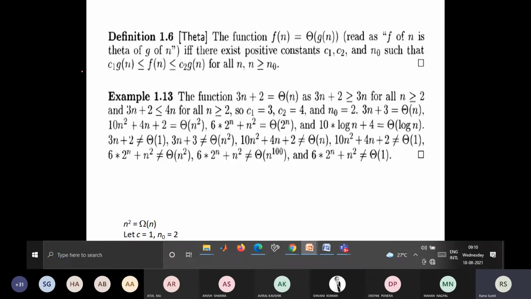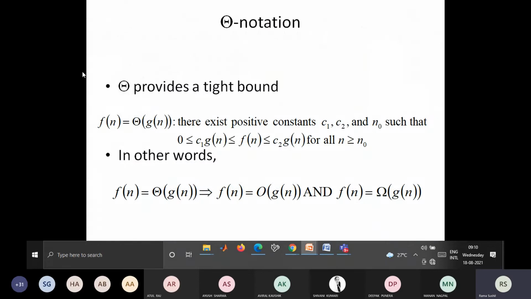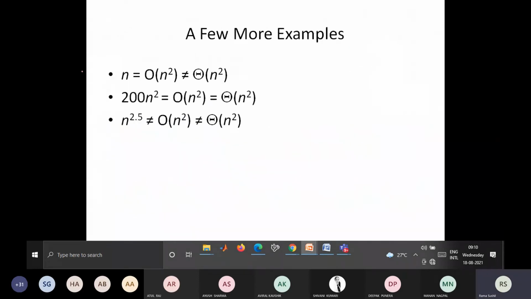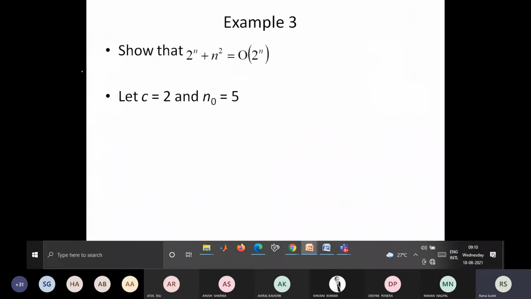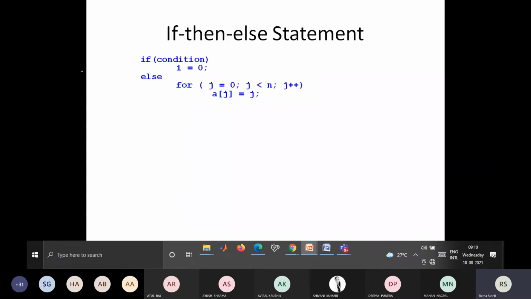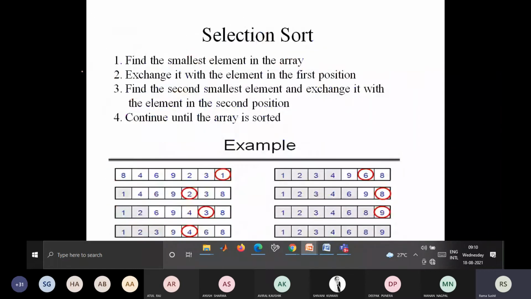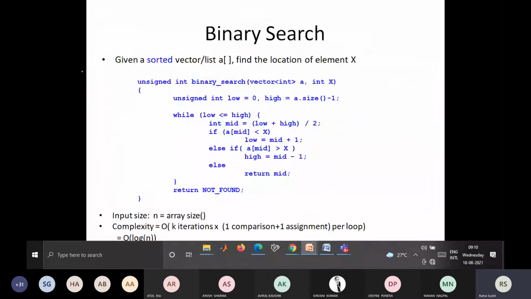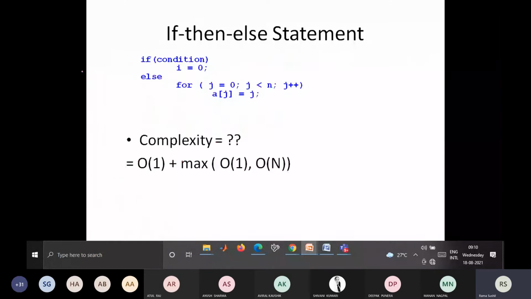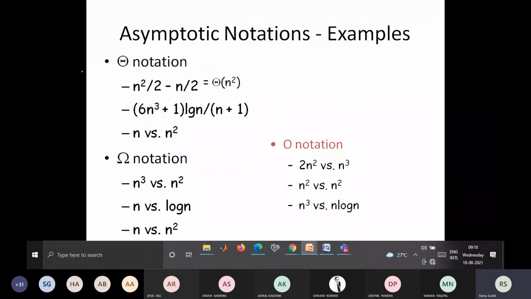Now, if you go for the theta notation, I have made that particular representation by cutting down many things. For the theta notation, you will find the combination of both the conditions. I'm looking if I can find it here. Okay, it's not here, no problem. Let's go without that kind of representation.